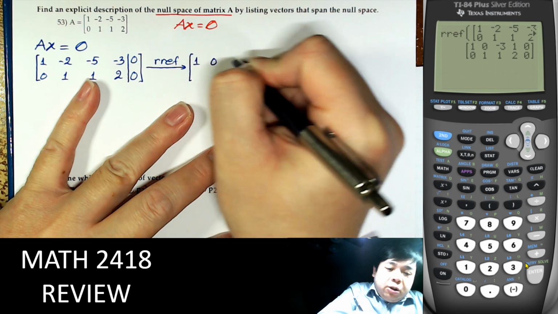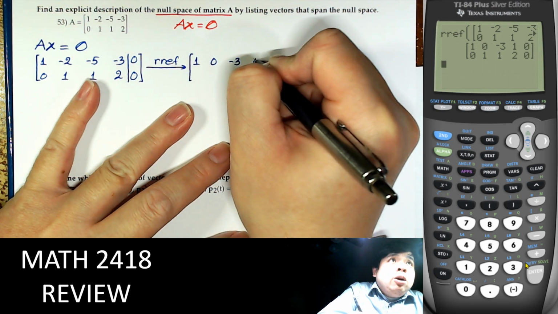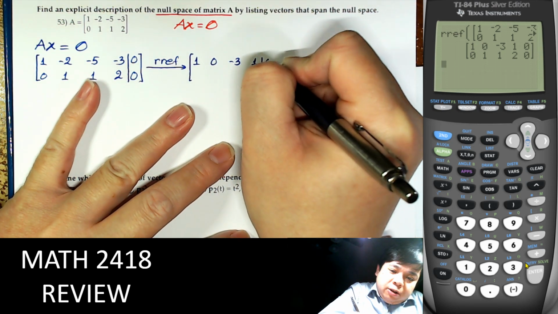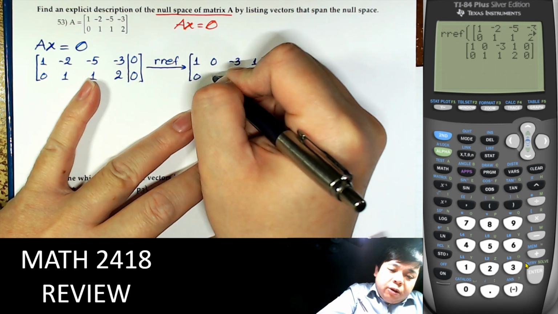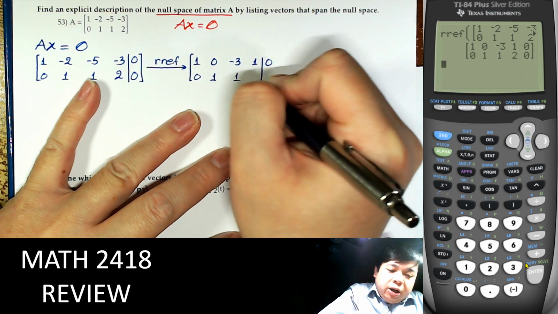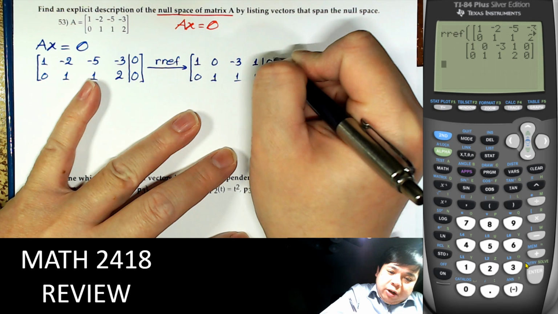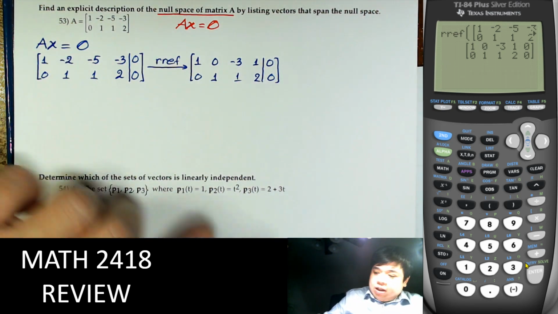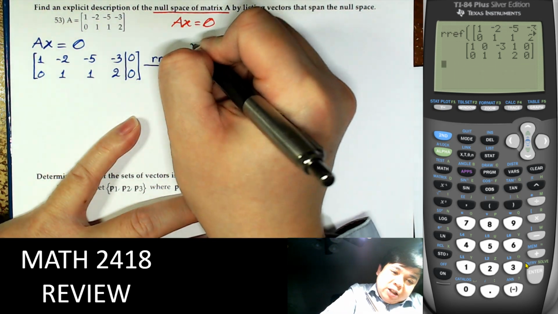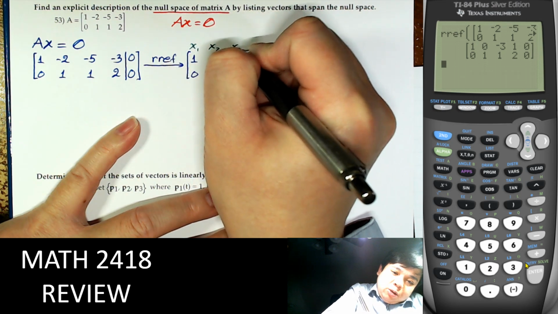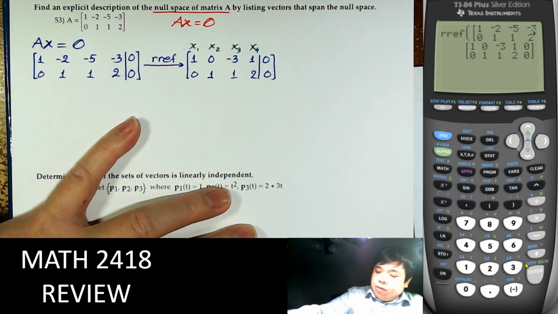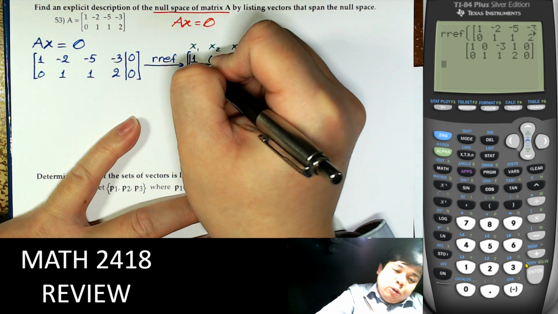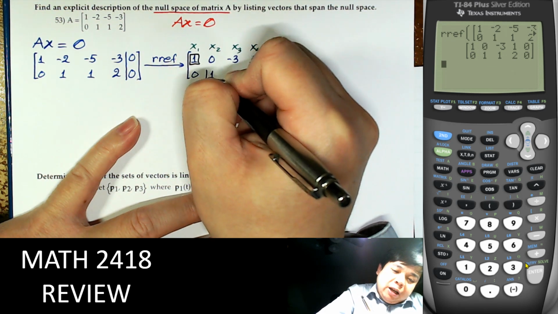1, 0, -3, 1, and 0; 0, 1, 1, 2, and 0. Right. So we solve for x. We can say this is x1, x2, x3, and x4, and the pivots will be here and here.